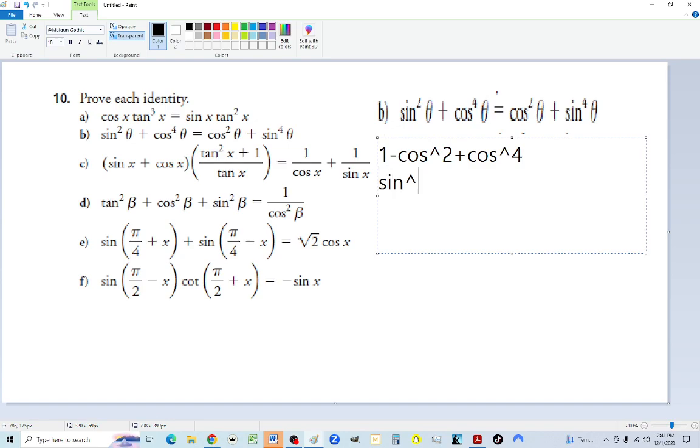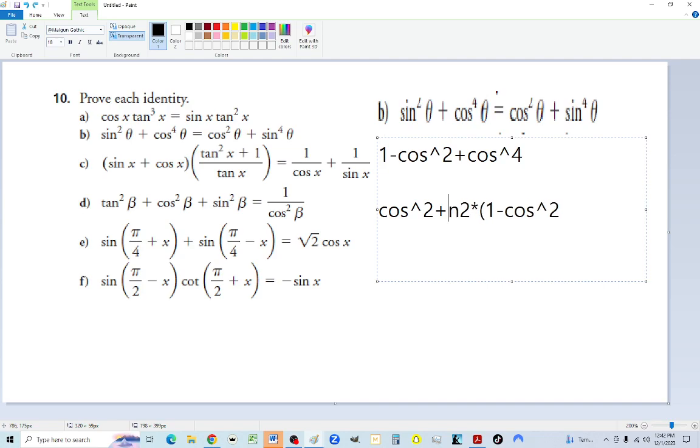And when we get that, on the right, we have cos squared plus, and if you look at sine to the 4, it's sine squared times sine squared, and that means one of those sine squareds can be converted to 1 minus cos squared. And then notice that we don't have any cos on the left, so we're going to convert. And actually, you know what?